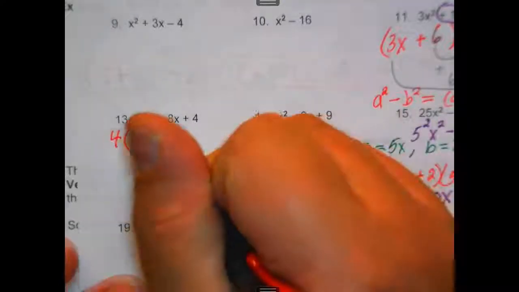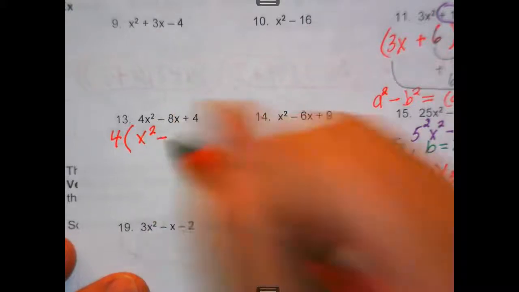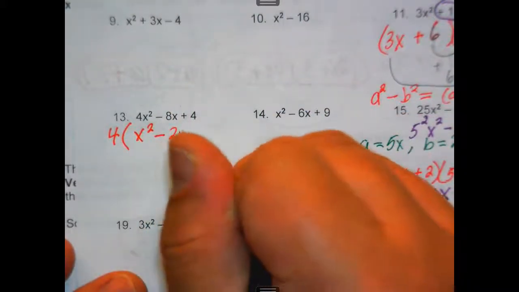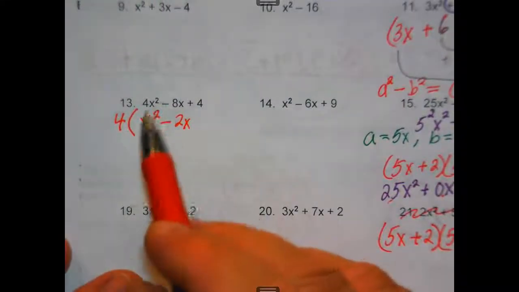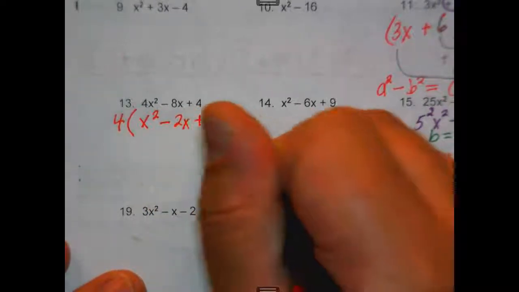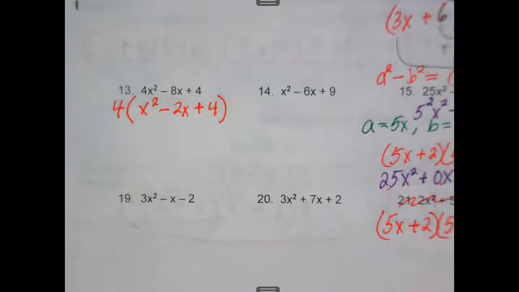I have a common factor 4. Please don't forget to take out common factors before you factor. Negative 8x divided by 4 is 2x. It makes life easier. Okay, it's a lot easier to factor x squared than 4x squared. Yes, because you're factoring multiples, and if you take the common factor out, it's not that hard.